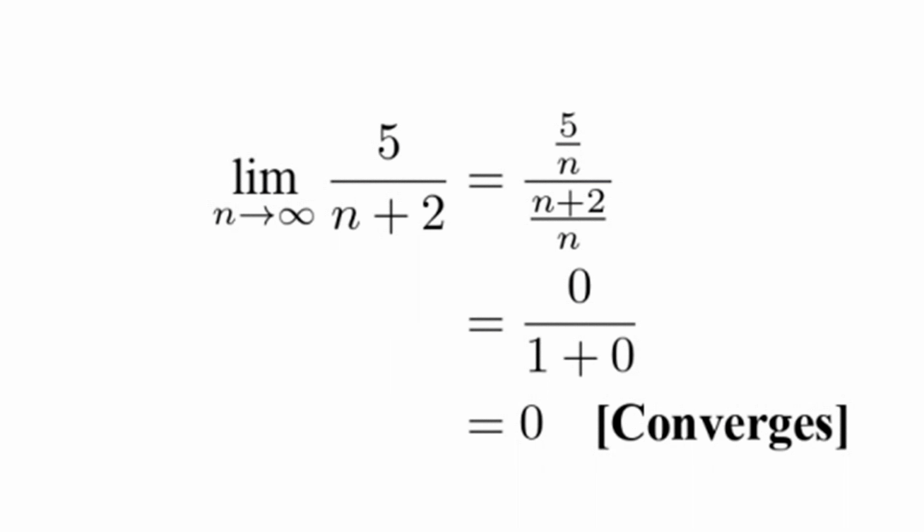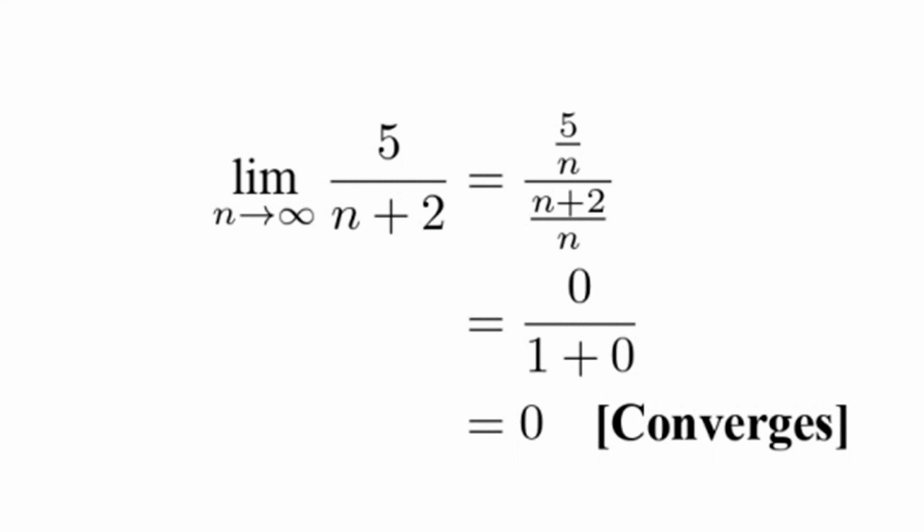So to solve this, we need to substitute the n again to make the equation more simple. So we need to divide all the elements in the numerator and denominator by n.